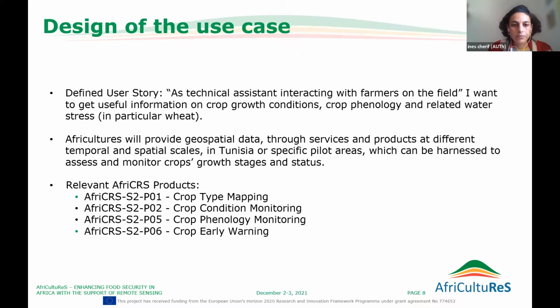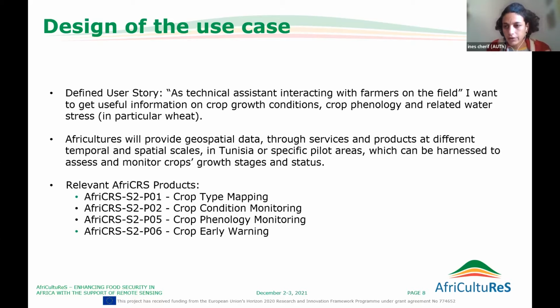So we built a user story from which we could start, with a technical team interacting with farmers and willing to get relevant information on crop growth conditions, phenology, and related water stress.